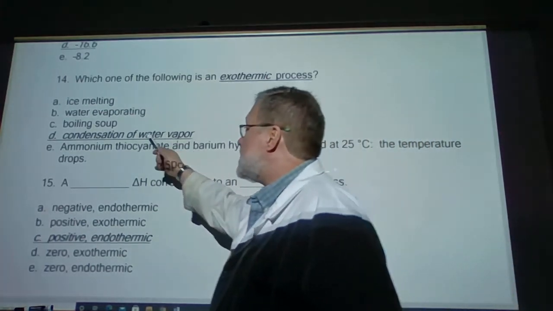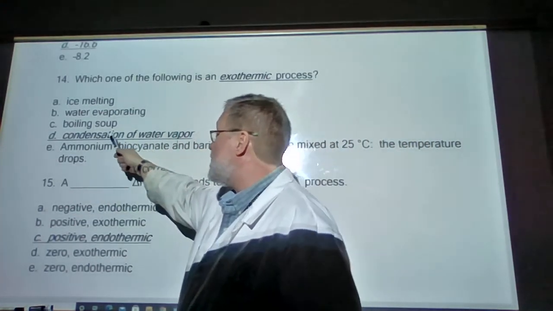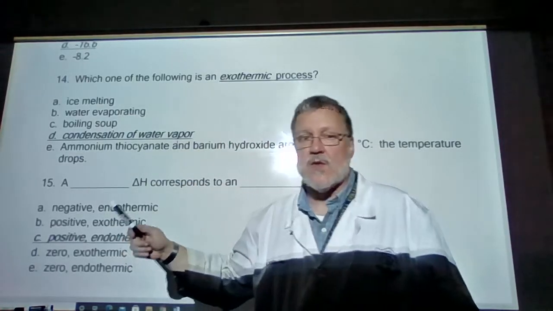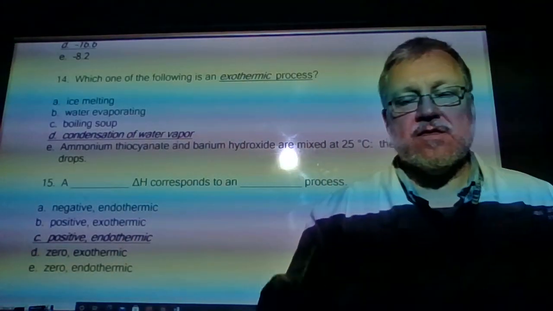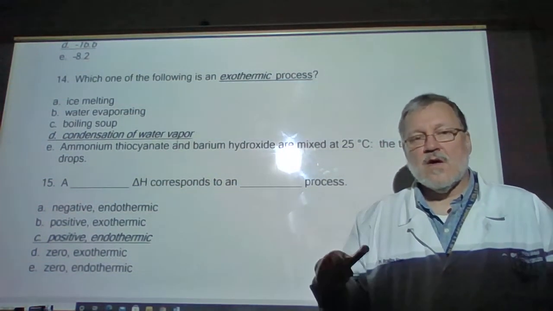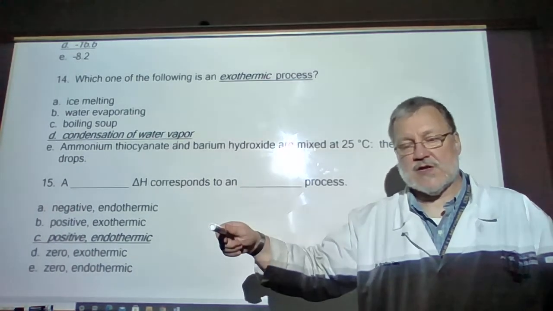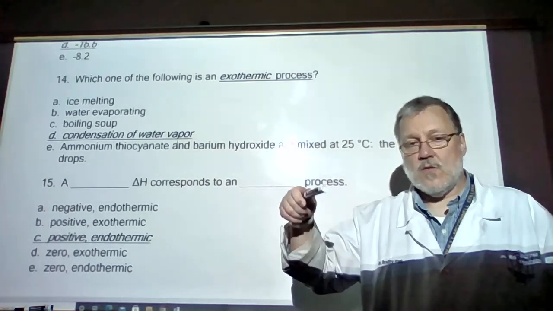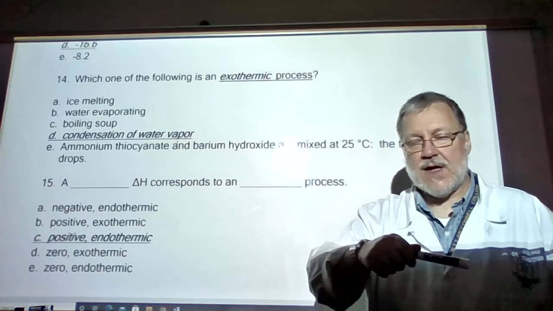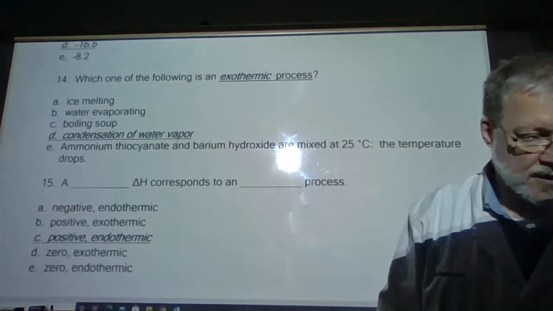The only answer here that fits an exothermic process is condensation of water vapor. Condensation is gas to liquid. So you're giving off energy. The vapor is giving off energy to condense down to the liquid phase. So the answer here is D for number 14.